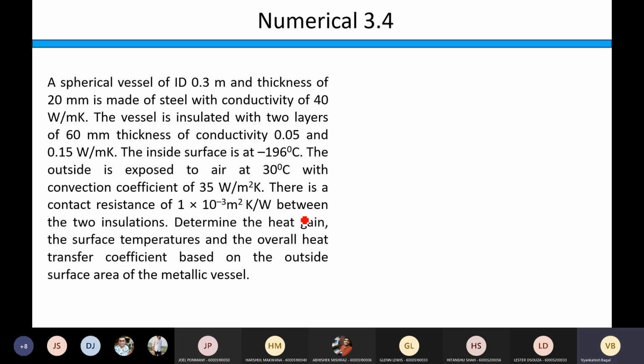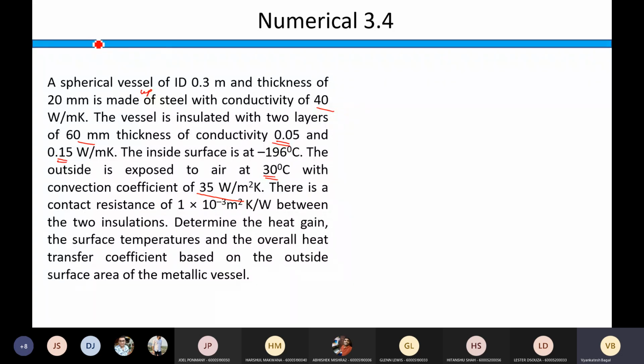A spherical vessel of ID 0.3 meter and thickness of 20 mm is made of steel with conductivity of 40 watt per meter K. The vessel is insulated with two layers, 60 mm thickness of conductivity 0.05 watt per meter K, and the second layer 0.15 watt per meter K. The inside surface is at minus 196 degrees C. The outside is exposed to air at 30 degrees C with the convection coefficient on outside 35 watt per meter square K. Now there is a contact resistance of 1 into 10 raised to minus 3 meter square Kelvin per watt between the two insulations.